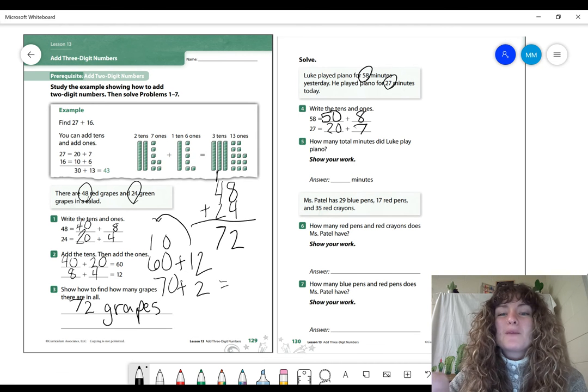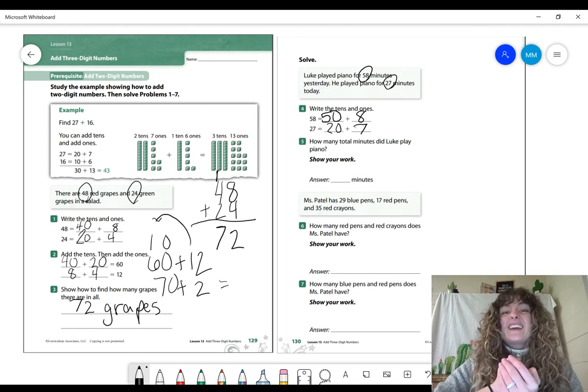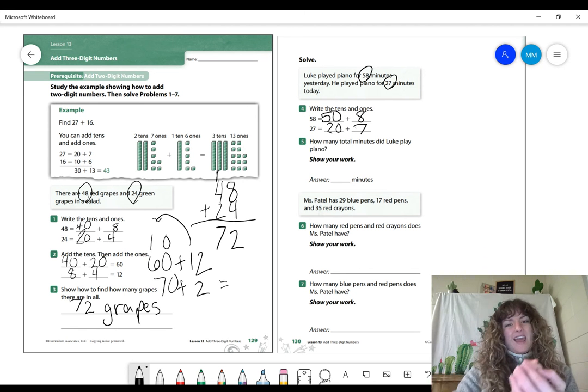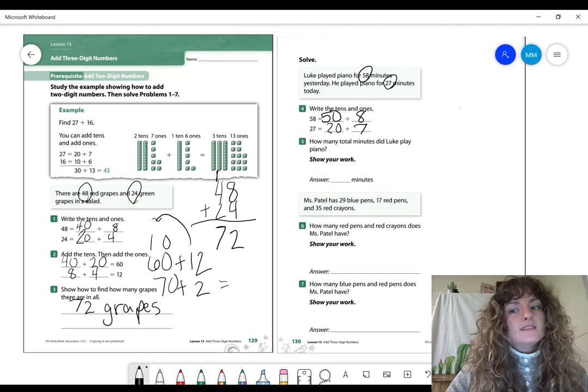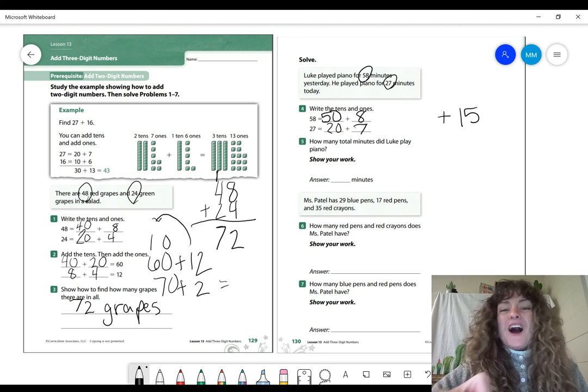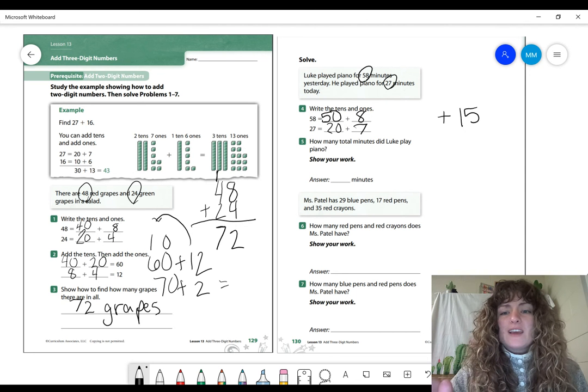So if I am putting my ones together, 8 plus 7, I can start at 8 and count on 7 more. 8, 9, 10, 11, 12, 13, 14, 15. So I have 15 ones. Oh, think about that. Can I have 15 ones, please? All right. And my tens. I have 50 plus 20, which is 70.